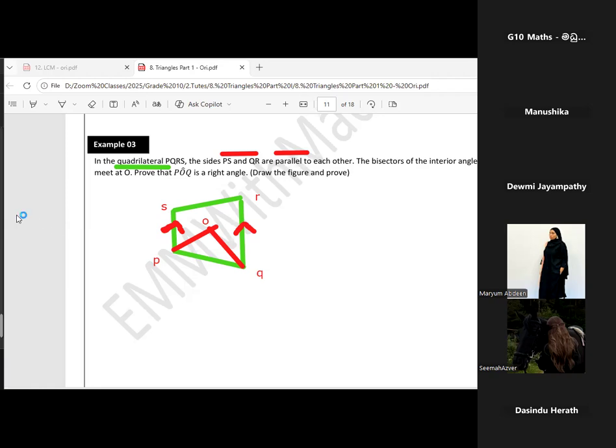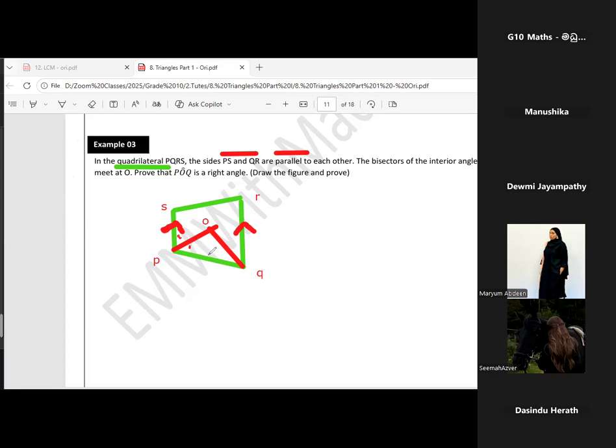Bisectors means you need to know, right? These angles are equal. Right? And my angles equal. This angle equals this angle. Right?